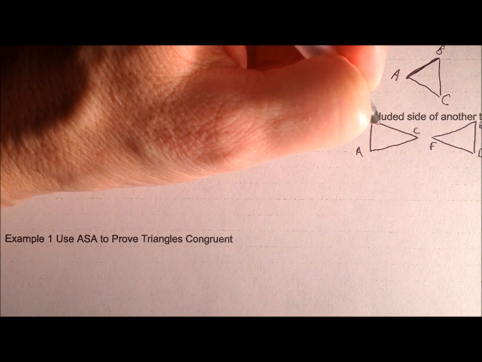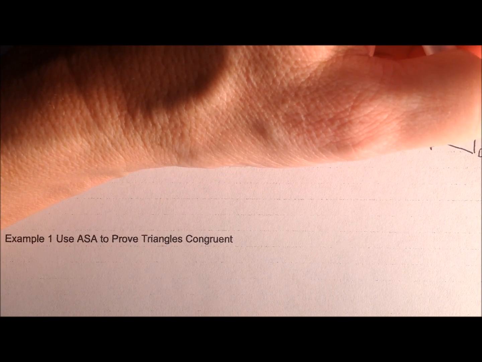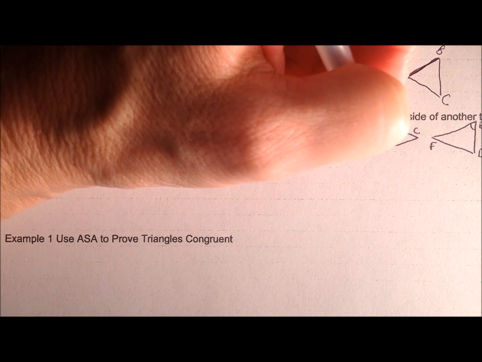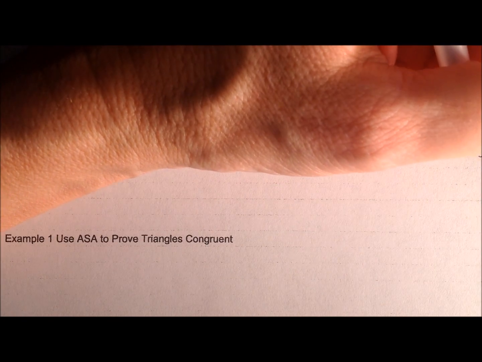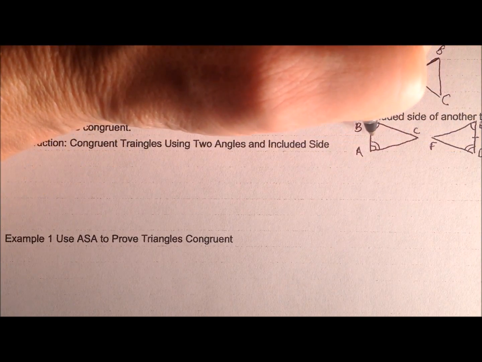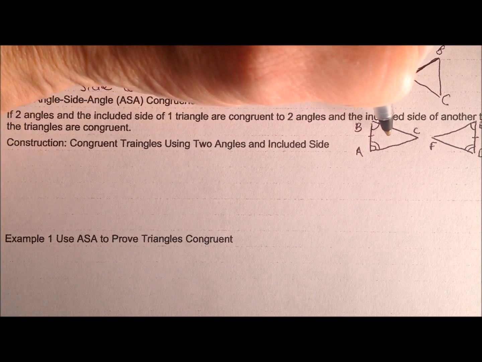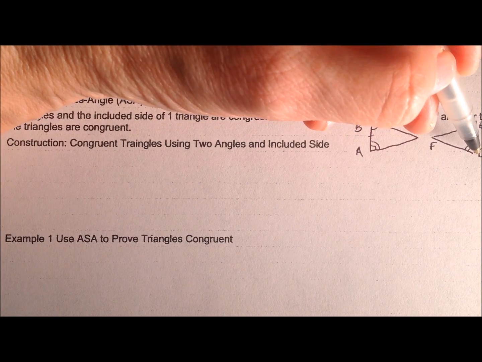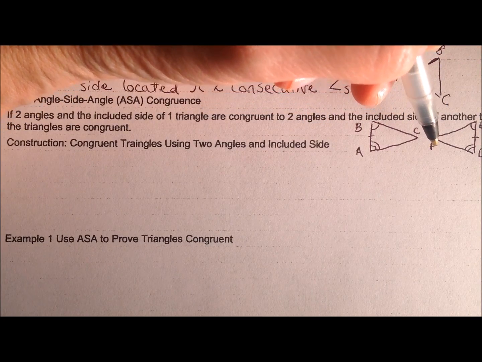So if angle B is congruent to angle E, and angle A is congruent to angle D, and we have our segments AB and DE congruent, that proves that triangle ABC and triangle DEF are congruent.